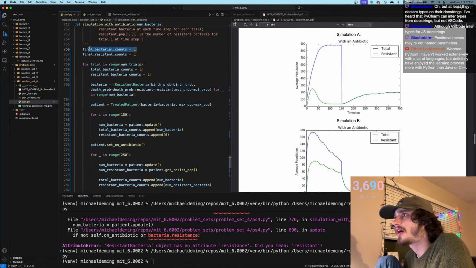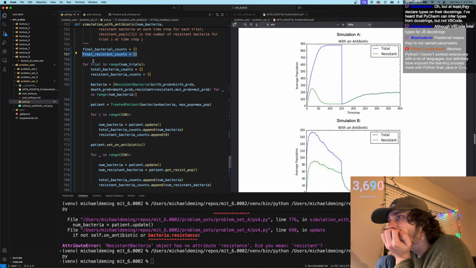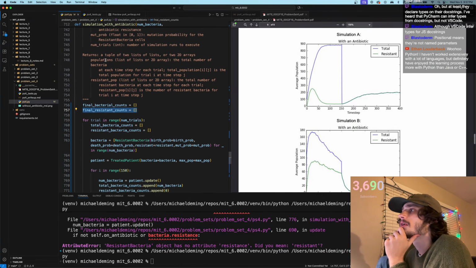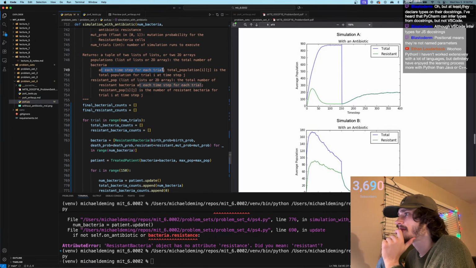So there'll be 50 values into here, and 50 values into here, for 50 lists. A tuple of two lists or 2D arrays, the total number of bacteria at each time step for each trial.